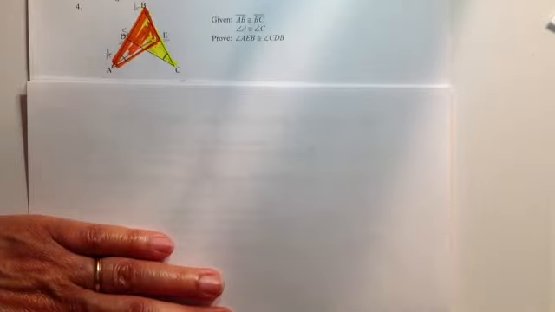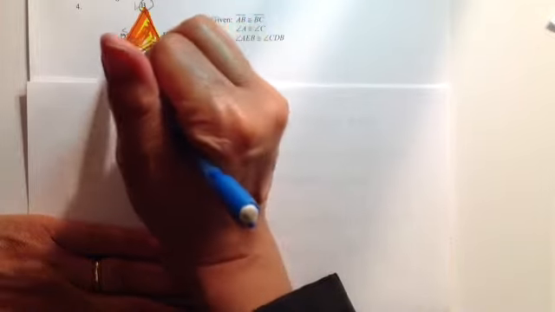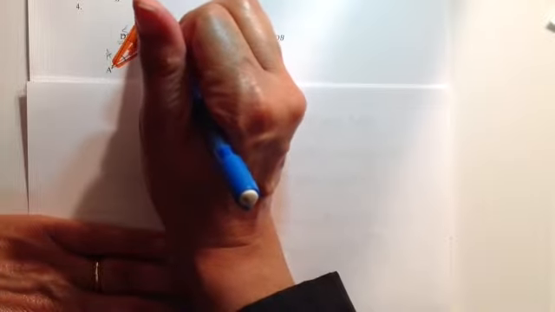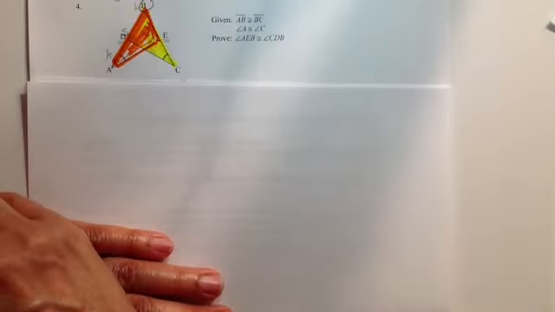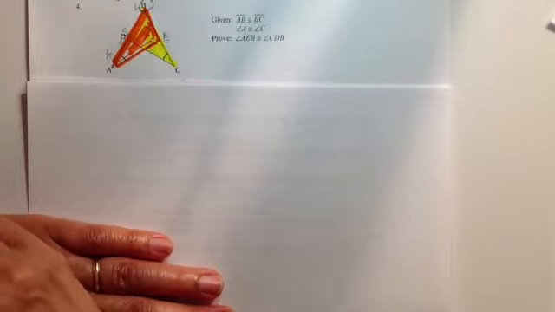And what's significant is that this angle B is shared between triangle CBD and triangle ABE. So the angles must be congruent using the reflexive property.